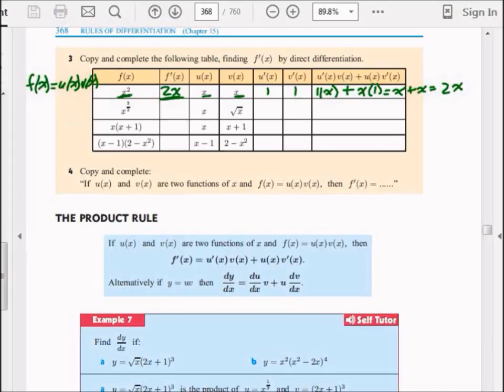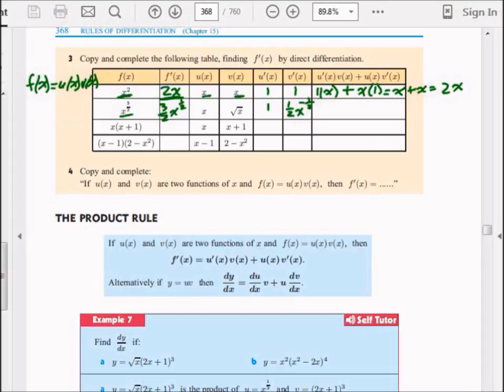The derivative of x to the power of 3 over 2 is 3 over 2 x to the power of 1/2. There's u of x, there's v of x. Derivative of u is 1. Derivative of v is 1/2 x to the power of negative 1/2.